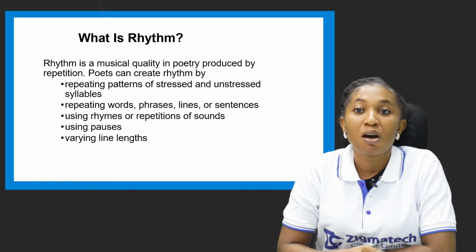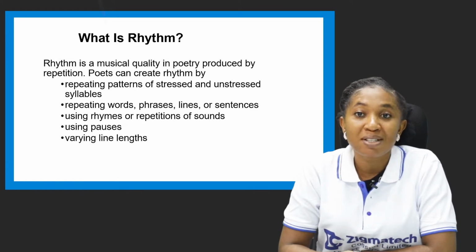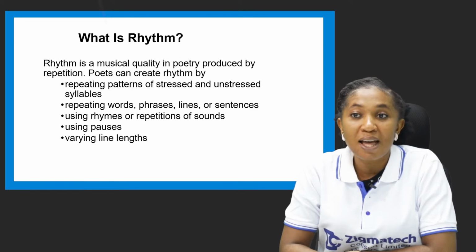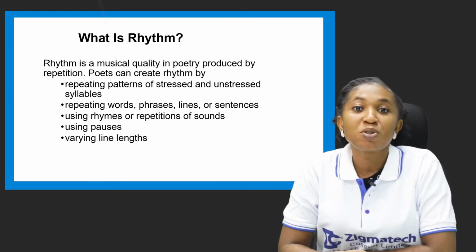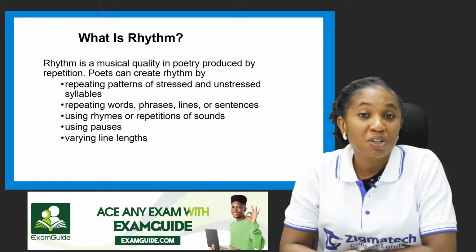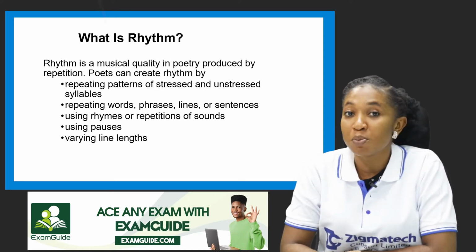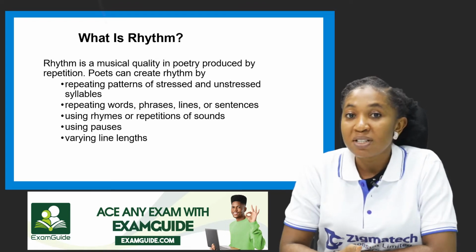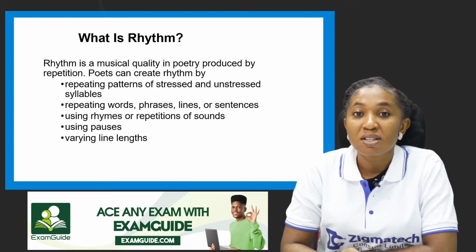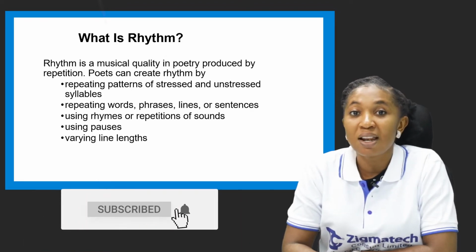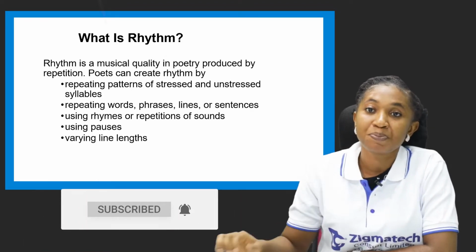This repetition can come in the form of stressed and unstressed syllables, repeating words, phrases, lines, or sentences, using rhymes, repetition of sounds, pauses, or varying the length of lines in a poem. When a poet does all of this, he uses it to create rhythm in the lines of his poetry.